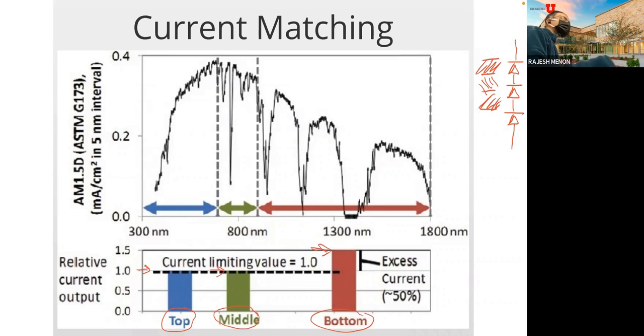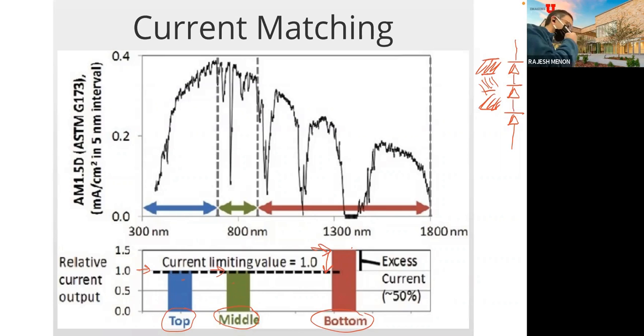But if I connect all of them in series, what happens? This excess current can no longer flow through these two because they're in series. So this automatically comes down to the minimum level. So in other words, when you connect these cells in series, the highest current you can hope to get is limited by the worst performing cell in that series.